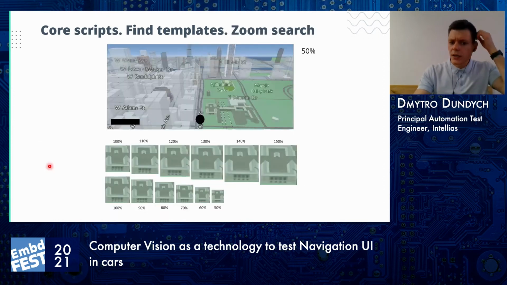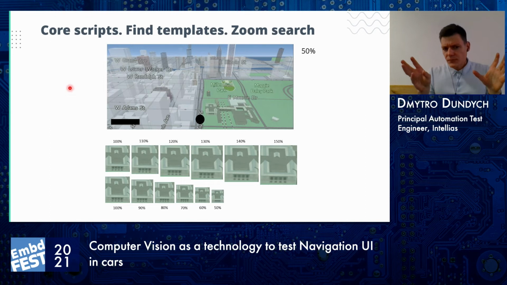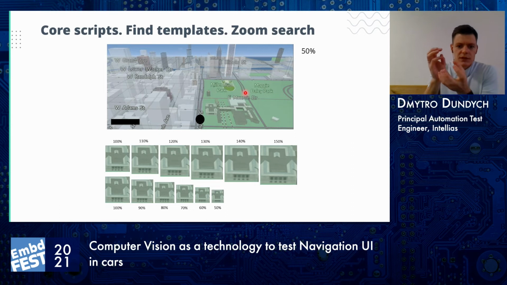The second part is zooming, because sometimes the images change. We have new maps. So for example, for Chicago, we have some place bigger, some building bigger, and we implemented this zooming feature.